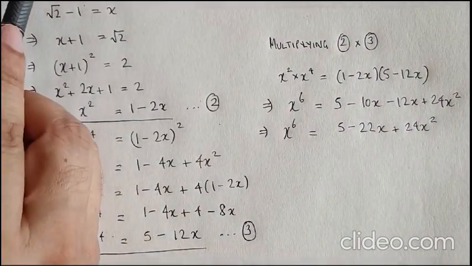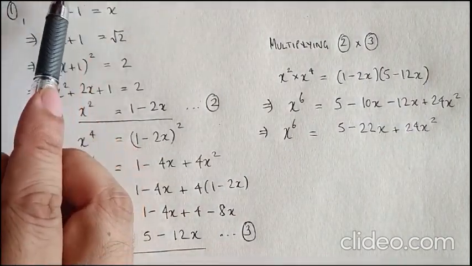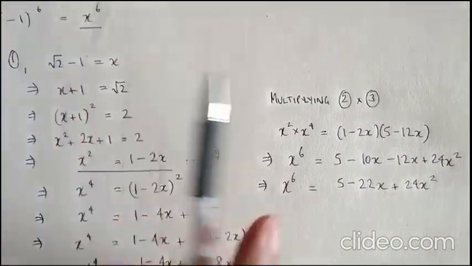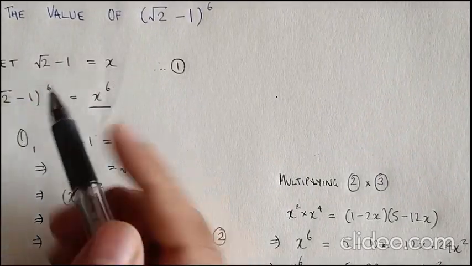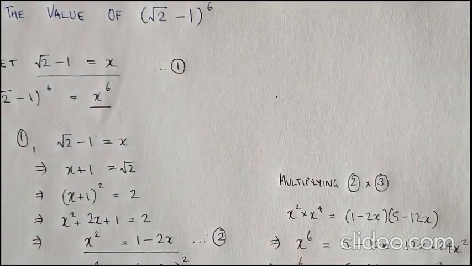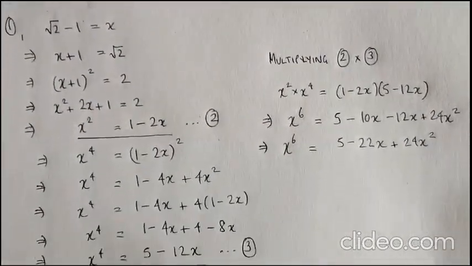Now what we have to do is, we know that x is equal to root 2 minus 1, right? So all we have to do is, we now substitute for the value of x here.